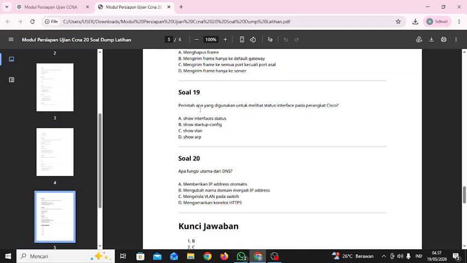And then the explanation: this command displays port status, VLAN assignment, duplex, and speed. It is commonly used for troubleshooting switch ports. Network engineers use this command frequently in real environments. Okay. Next question.